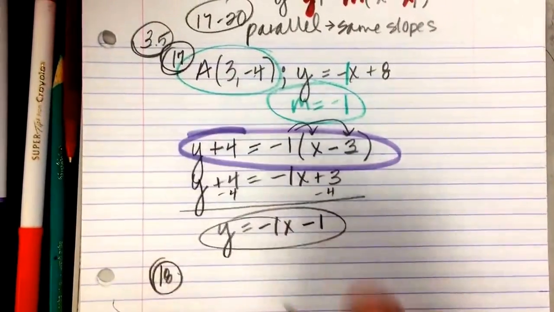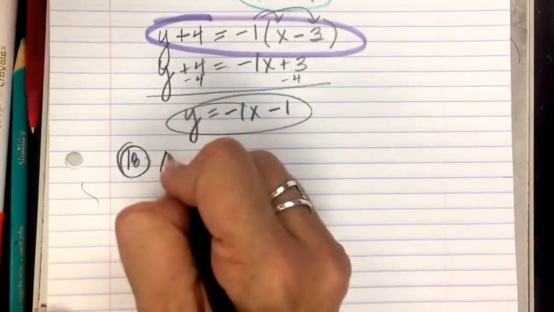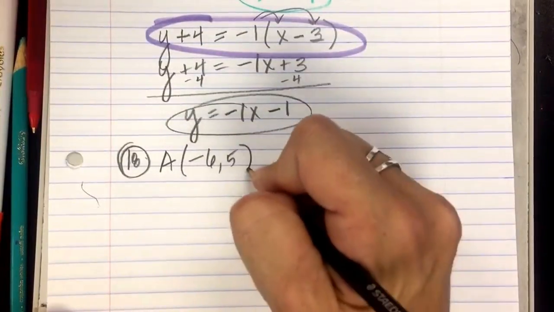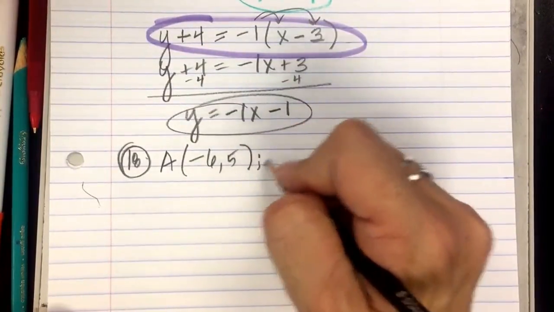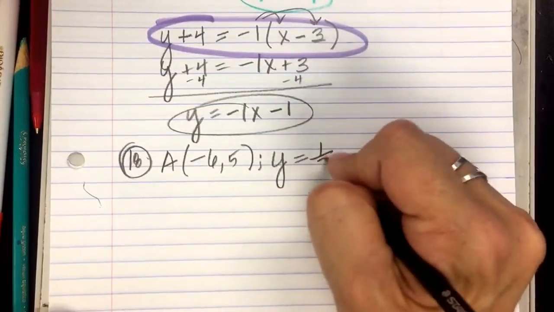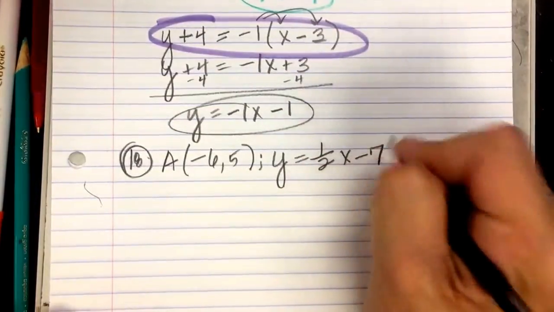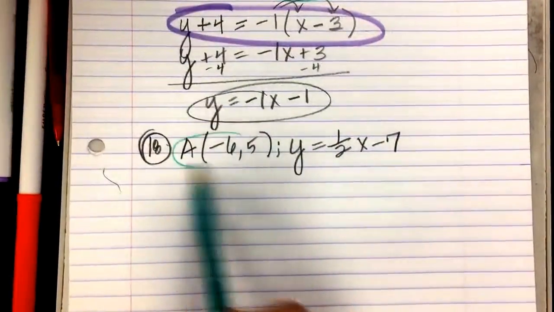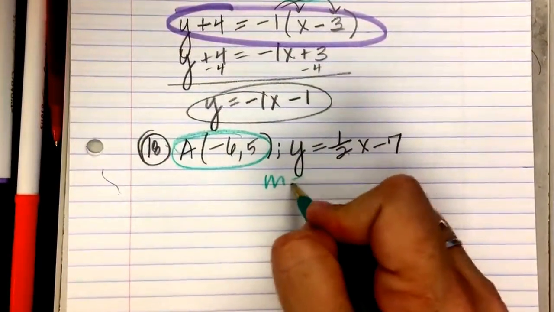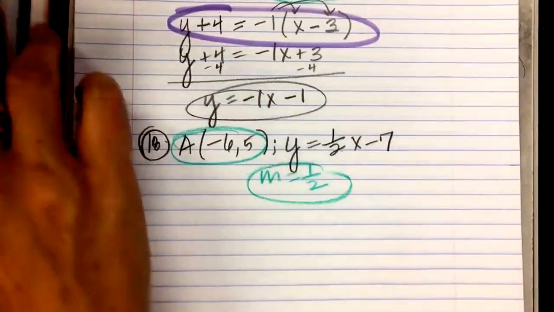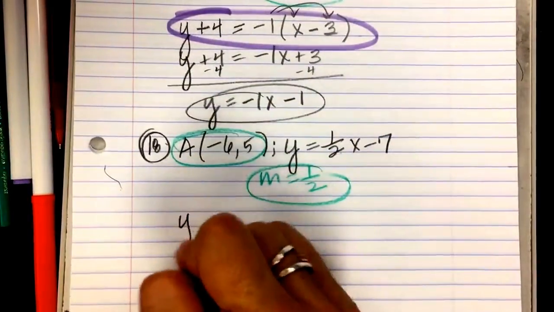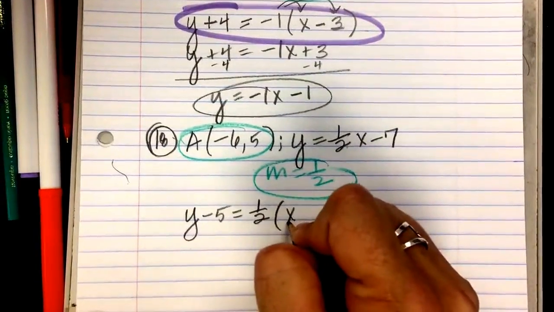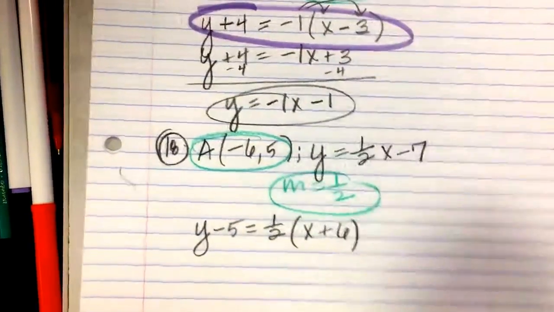18. Same idea with 18. It has to go through the point 6, 5. There's my x and y I have to use. The equation of the line it has to be parallel to is 1/2 x minus 7. So I'm going to use this point, and the slope for my new line is going to be 1/2 because it's parallel. Y minus 5 equals 1/2 of x minus -6, or x plus 6.